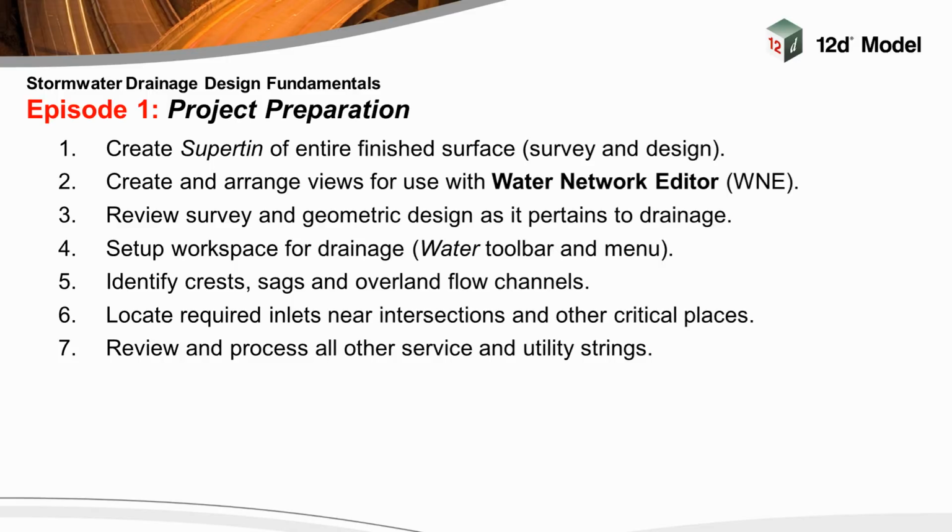Basically though, anything that's going to cross your proposed water strings or your road strings or whatever and show up on a long section plot, whether it's a road long section or a drainage long section or a sewer long section or whatever.